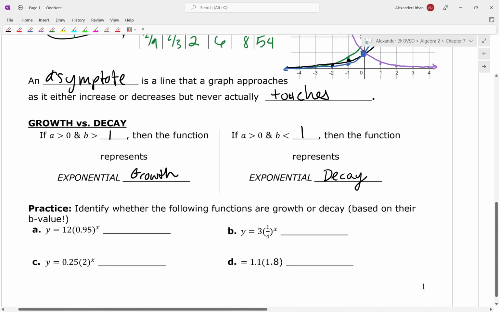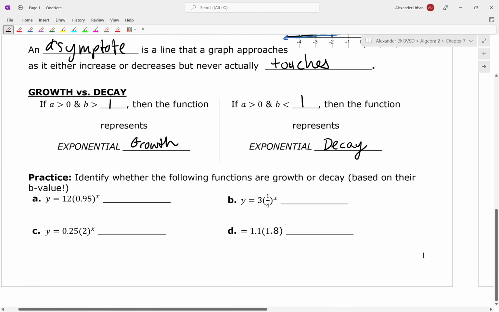Okay, let's try this right here. There's a little mistake on D. There should be an x power right there. We can see that 0.95 is less than 1, even though our a value is greater than 0, so this creates a decay. Again, our base value on B is a quarter, or 0.25, so that is also a decay.